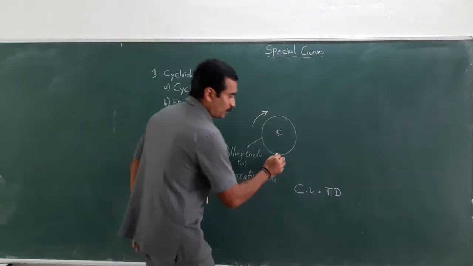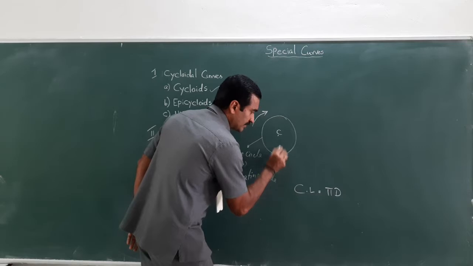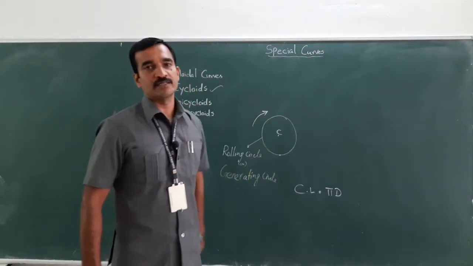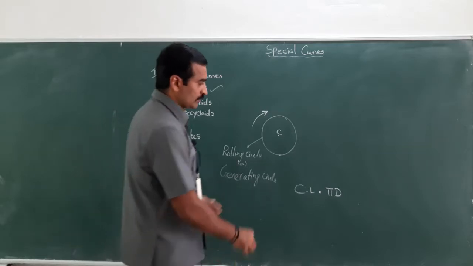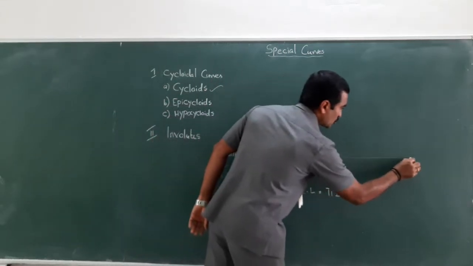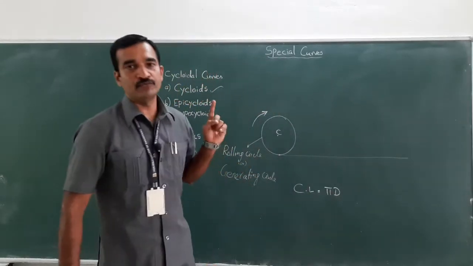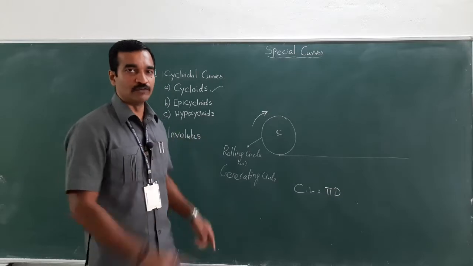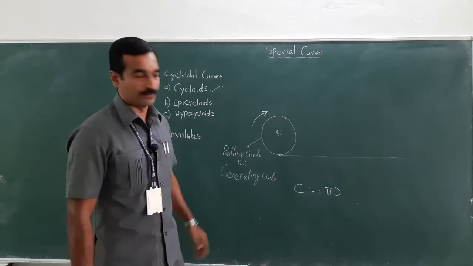Right. This is the point which is touching the horizontal surface or the straight line. And pi d is the distance to cover one full revolution or one convolution of the rolling circle.